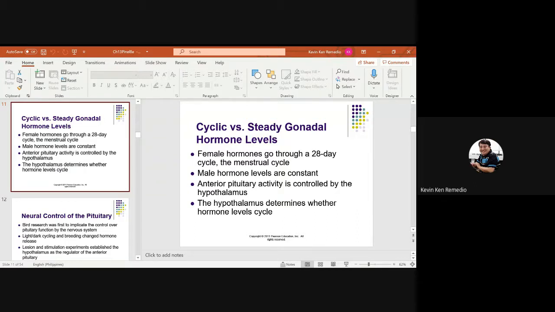So mao na class, usahay kabantay mo ana sa mga babae, di ba? Some of you experience irregular menstruation. Okay, usahay, class, that irregular menstruation is due to a certain problem with your hypothalamus.